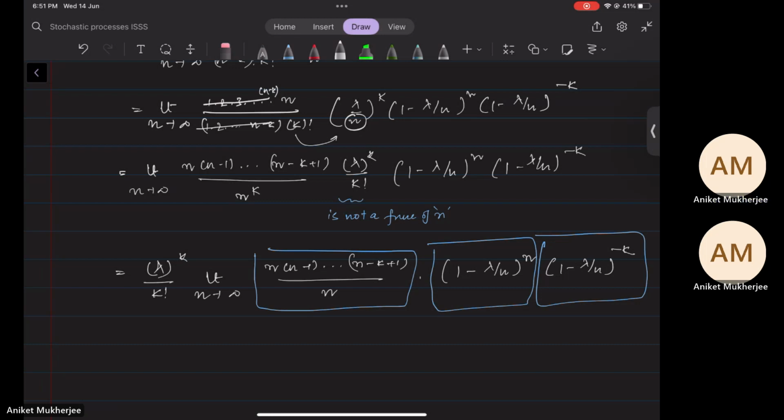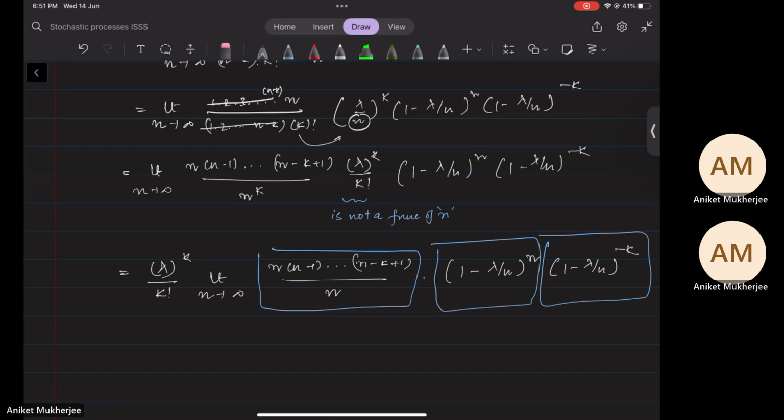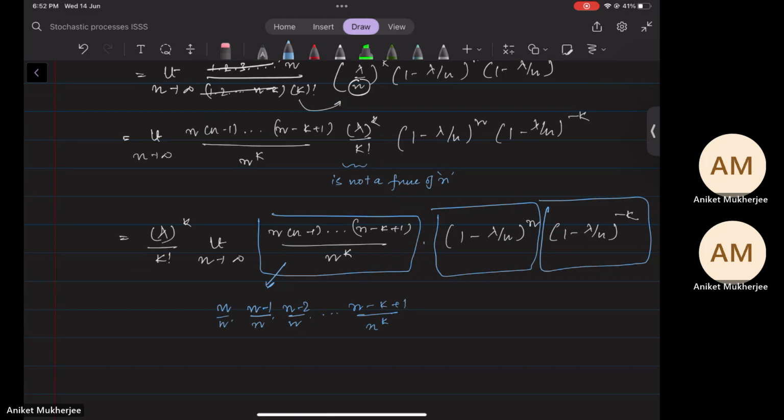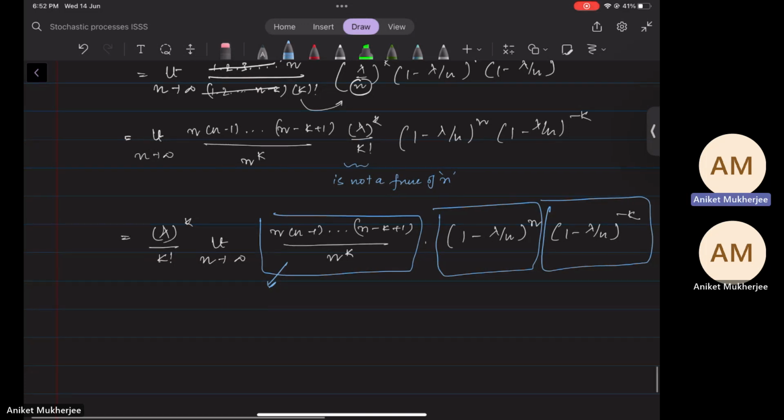Taking the first term with n power k in the denominator, I can write it as n by n into n minus 1 by n into n minus 2 by n into so on till n minus k plus 1 by n.